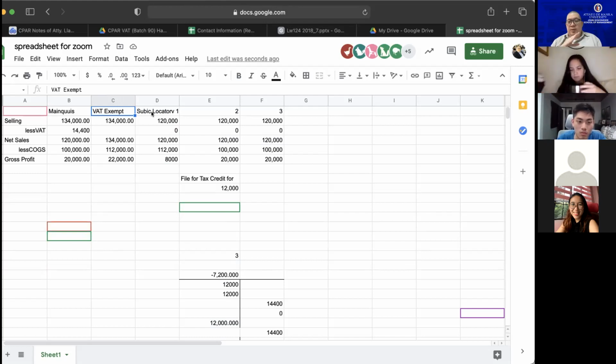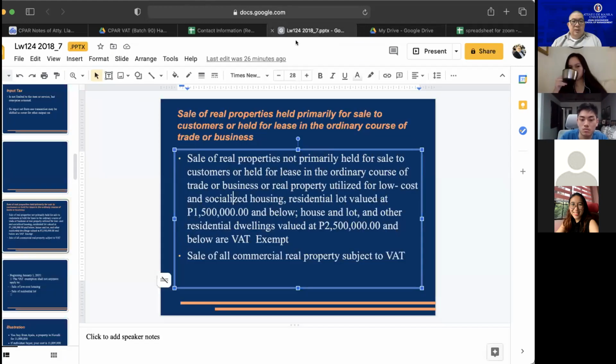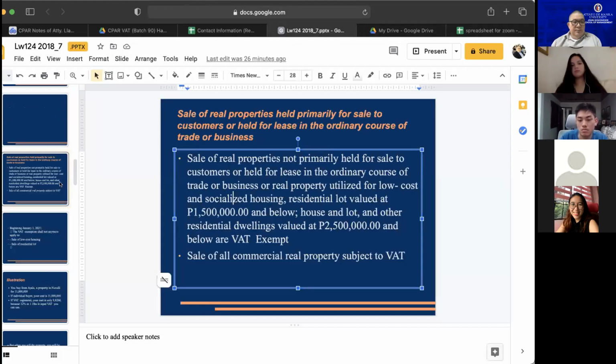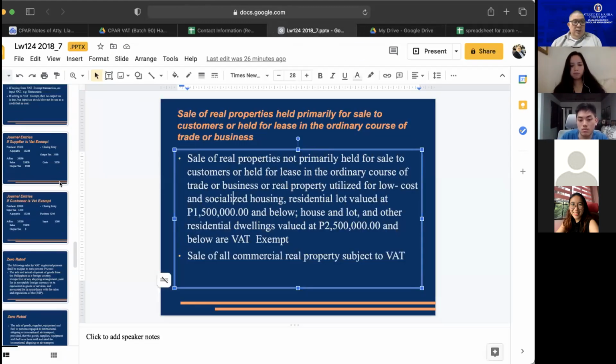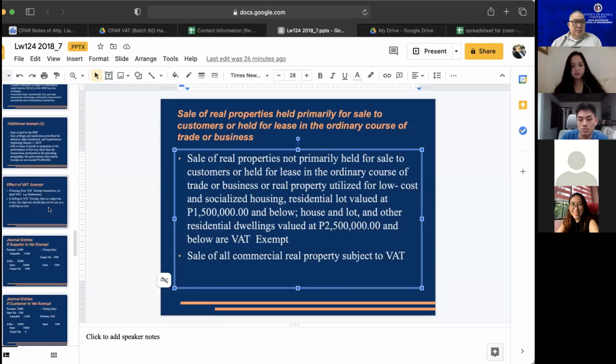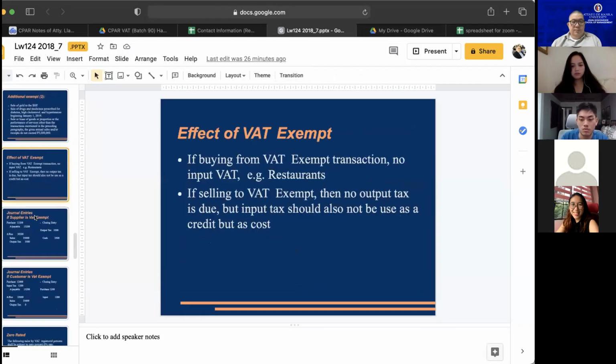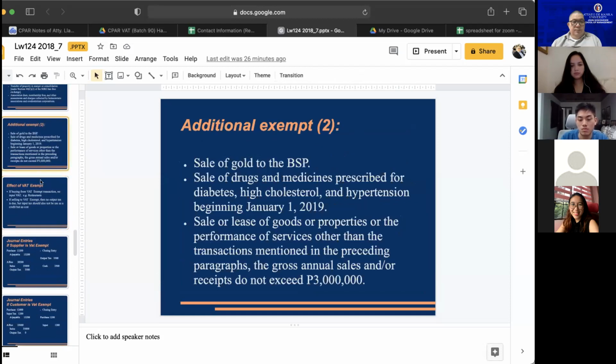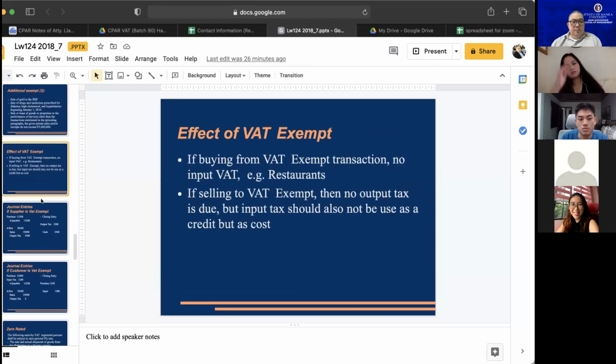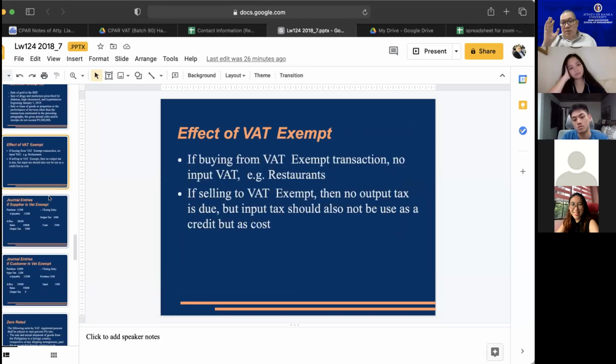You get the difference? And then I'll show you now, I hope I can find it now, the journal entries. And I'm giving you the concept first, and then I'll go through the list later, huh? Effect of VAT exempt.